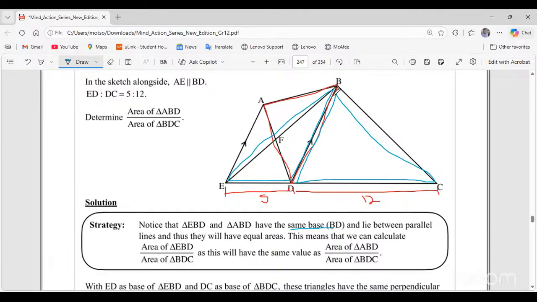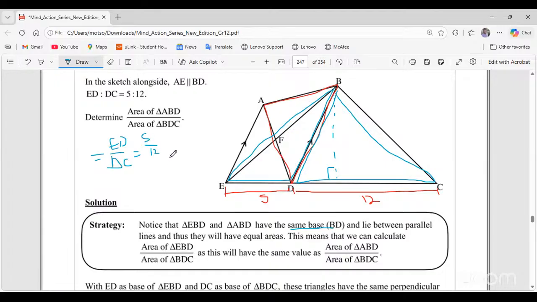No, but we can have a height that is perpendicular to the bases. So the area of triangle EBD all over triangle BDC will be equal to just the ratio of the bases. The base of EBD is ED, all over the base of BDC, which is DC. Therefore, ED is 5 over DC is 12.